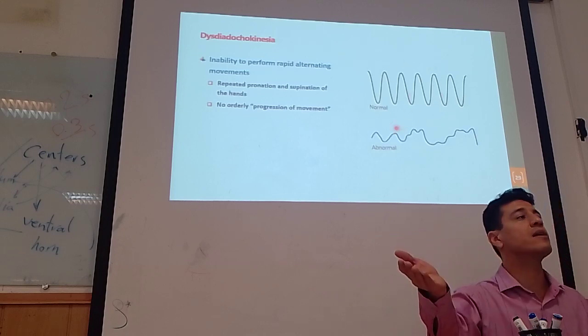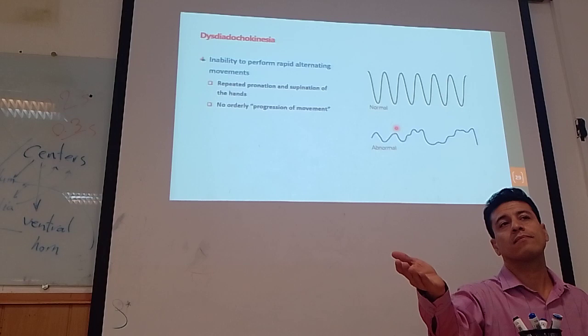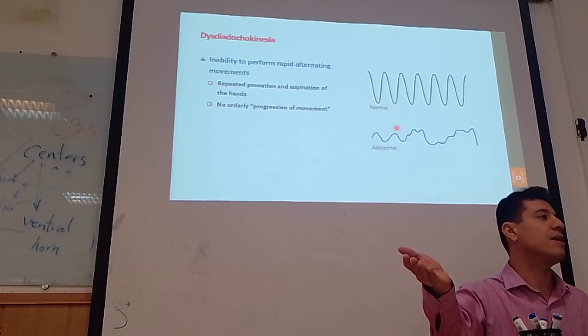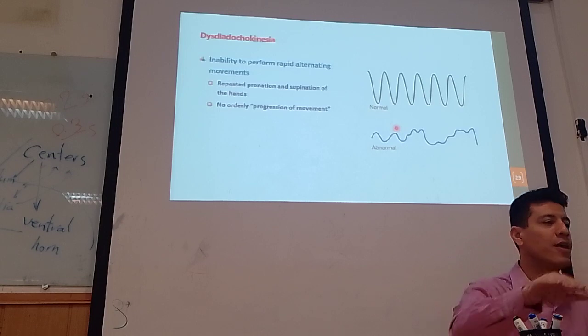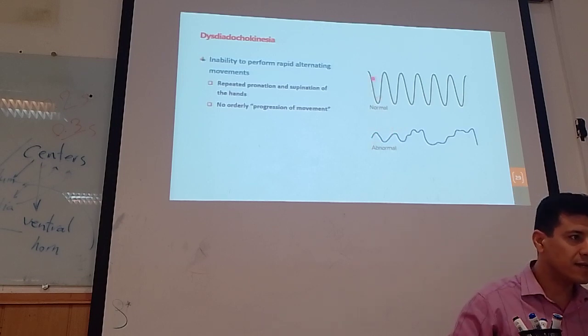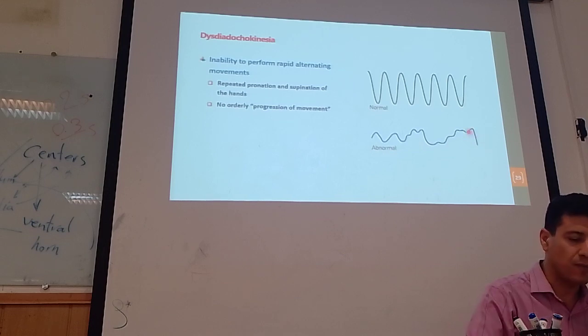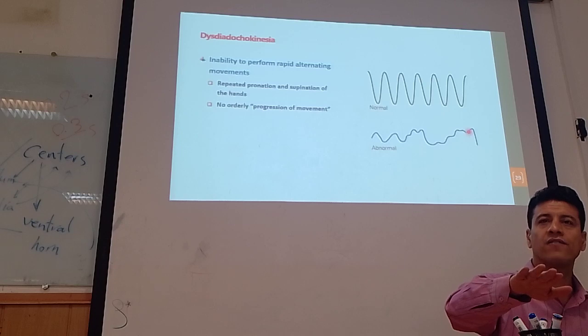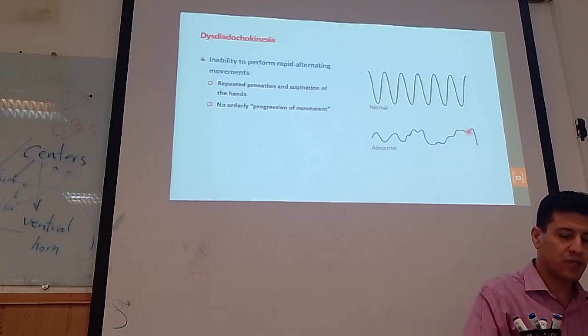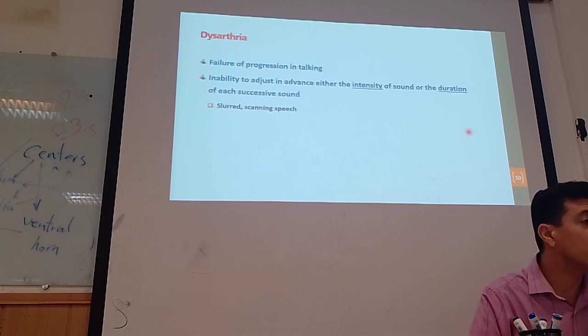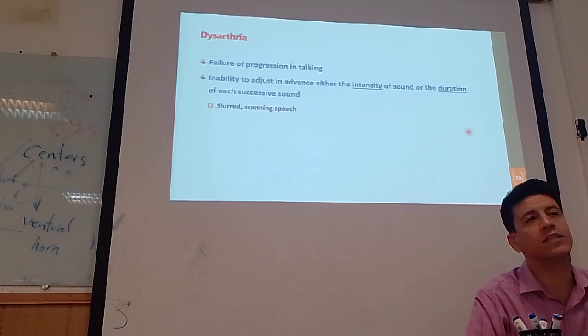But a person who has cerebellar damage does this non-uniformly. There are abnormalities in the movement, so the progression is lost. Progression is going from one movement to the next. Progression is lost.